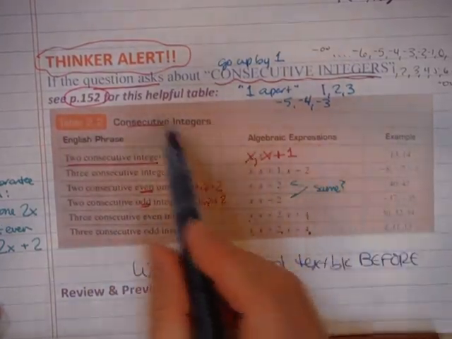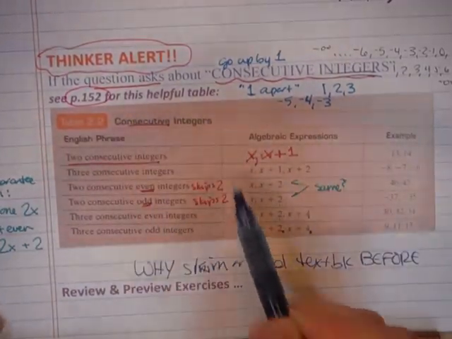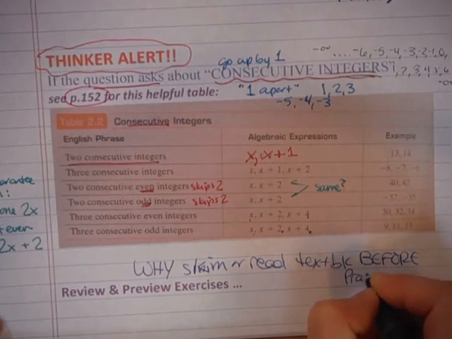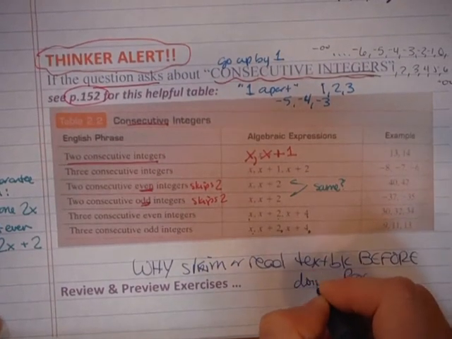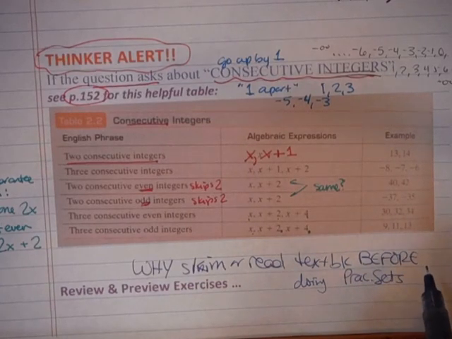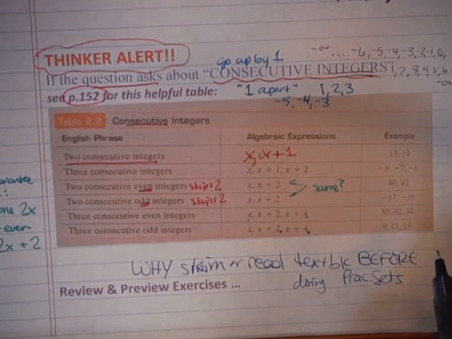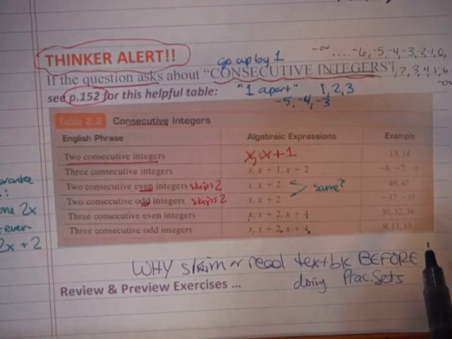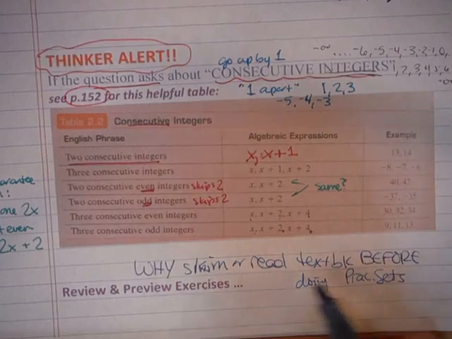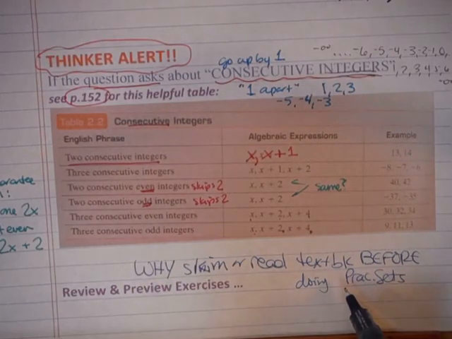You notice, ooh, a table about consecutive integers, all right, and just skim right past it. But then when you hit the problem sets or the practice sets and you hit one that says find 2 consecutive even integers, and you go, whoa, I'm not sure what to do. Wait a minute, I think I saw something about consecutive. Let me go back in the book and find it. So that's one of the reasons why we skim or read the textbook before we start doing our practice sets.